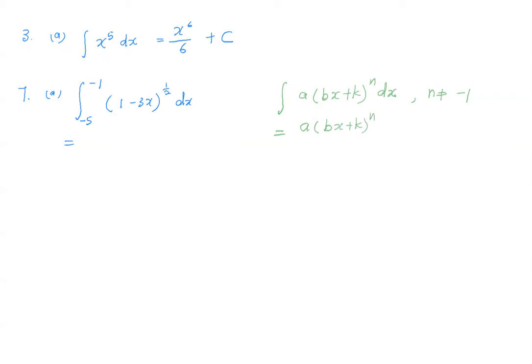Power plus 1 divide by. There are two numbers you are supposed to divide. One is the new power. The other one is the coefficient of x. So now we are going to follow this formula closely. Copy down the whole thing.